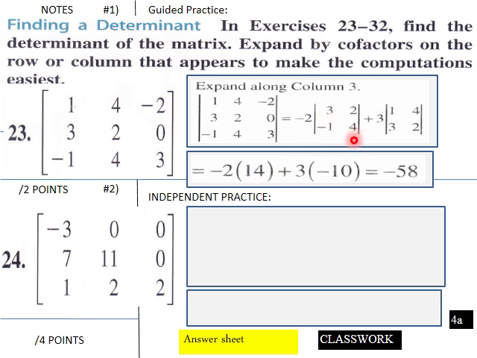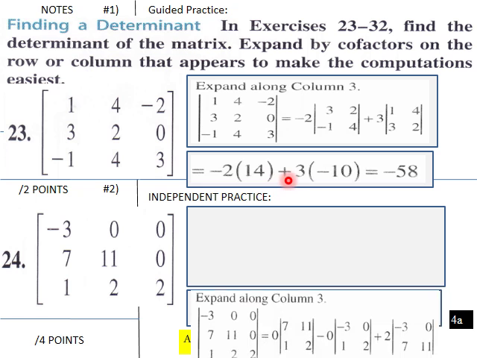See, 3 times 4 is 12, minus 2 is 14. And then 3 times here would be negative 10. It would be 1 times 2 minus 3 times 4 would be negative 10. And then when you add these together, you get negative 58 for that.